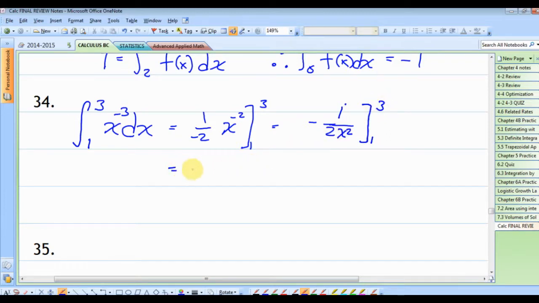So that's equal to negative 1 over 2 times 9 minus negative 1 over 2 times 1. So what is that? 1/2 minus 1/18? 9 minus 1 is 8, 8 over 18.